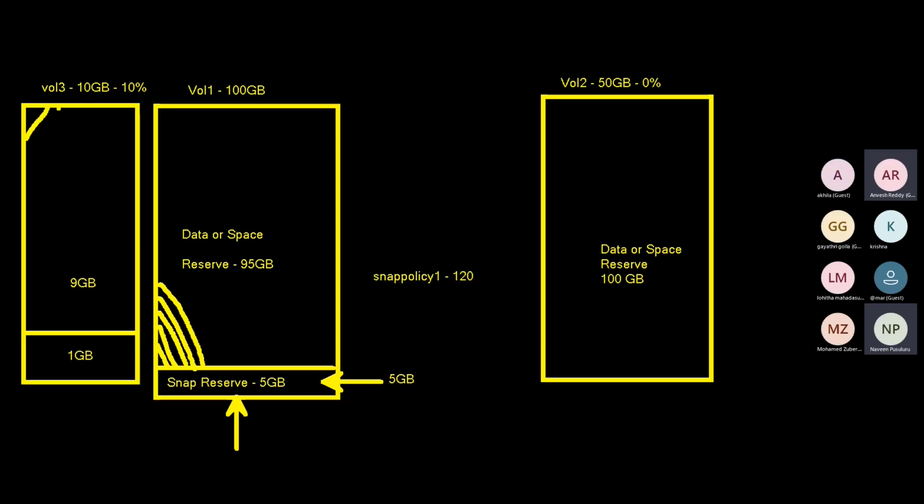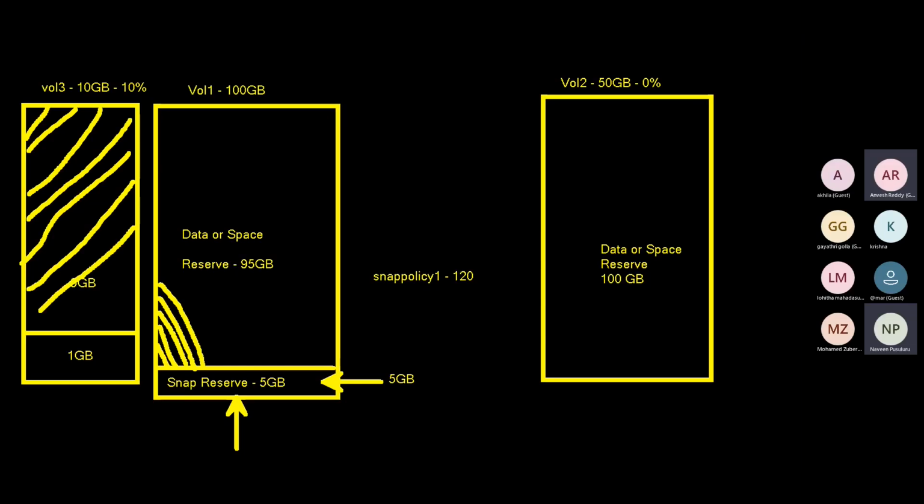Now let's assume that I have copied plenty of data, but I'm just copying new data, and not deleting or changing any existing data. That means snapshots only consume space whenever something is changed or deleted. Whenever we copy something new, it will not go under snapshots, it will go to the normal space only.